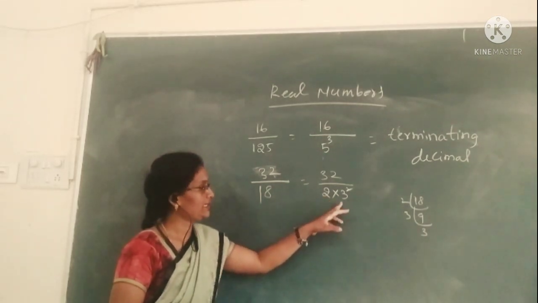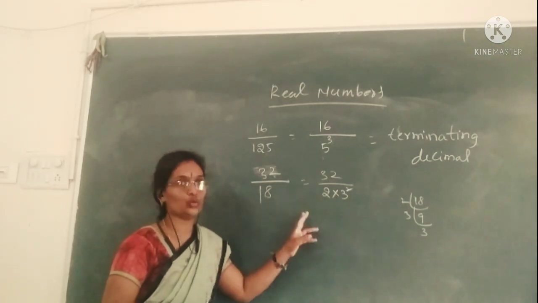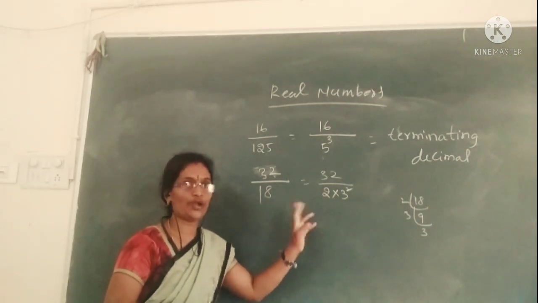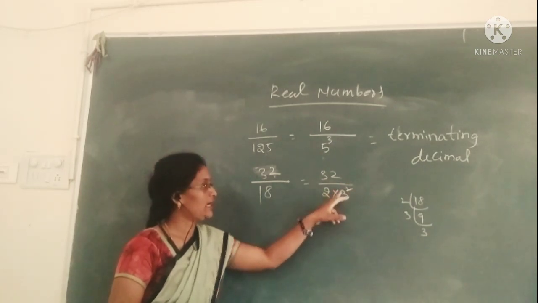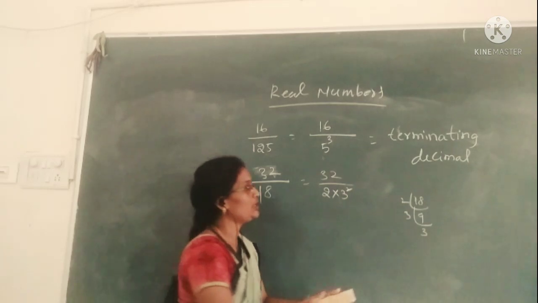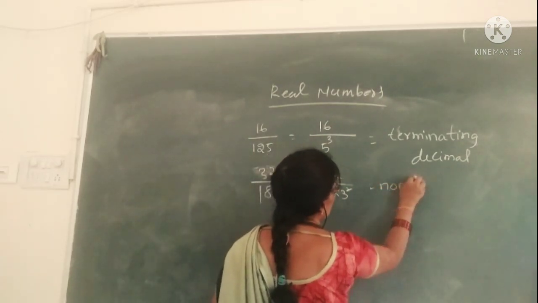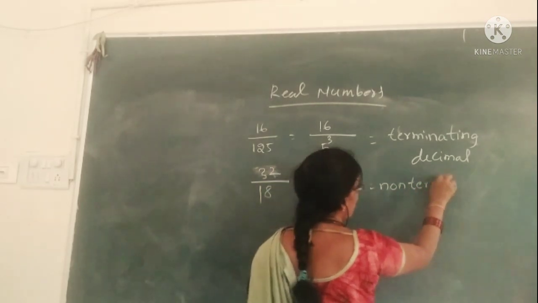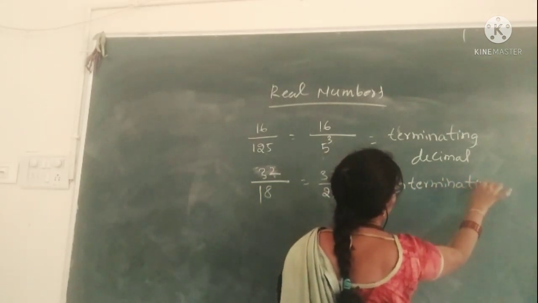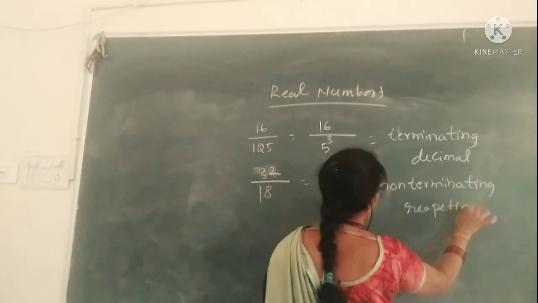What is 3? Only 2 or 5 and 2 and 5 are allowed. So again another number, 3 square. So this is a non-terminating repeating decimal.